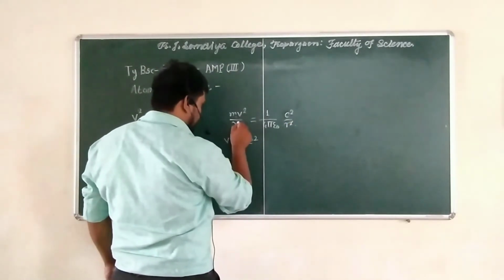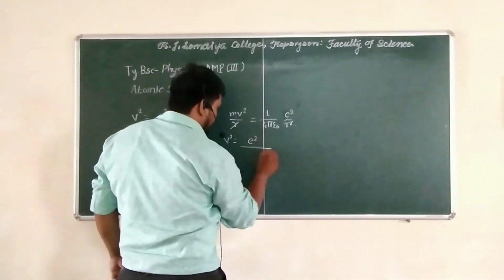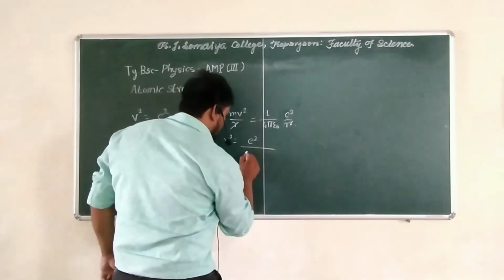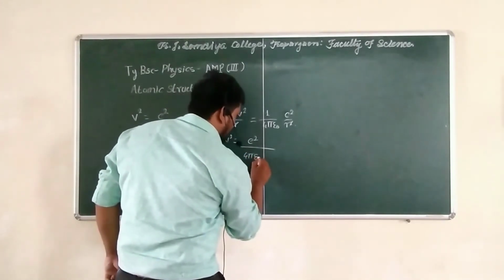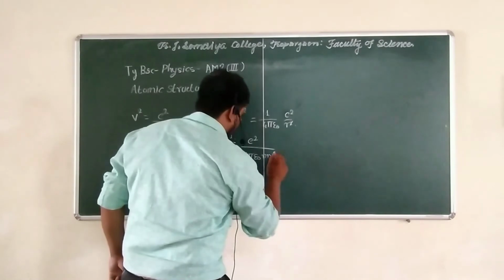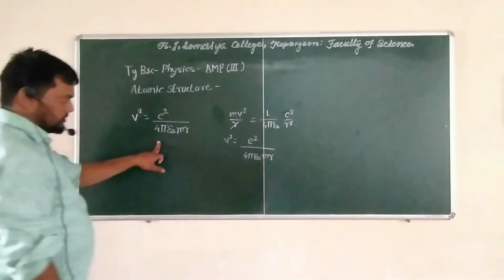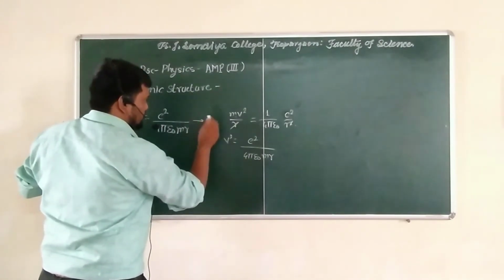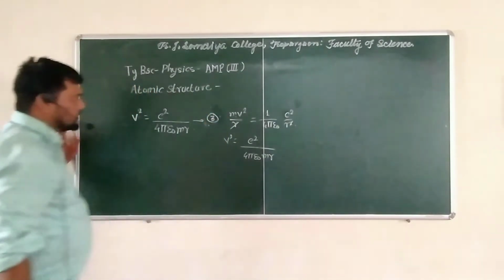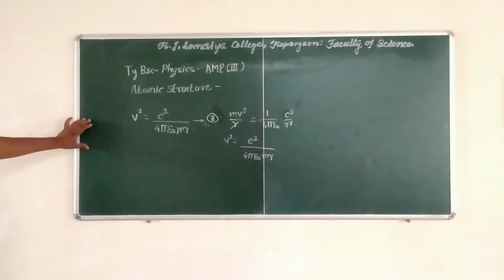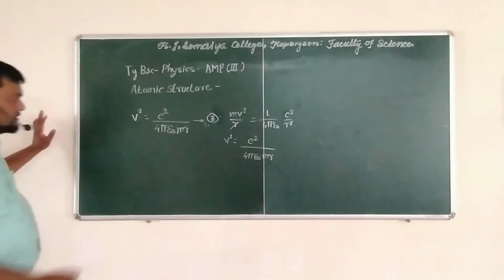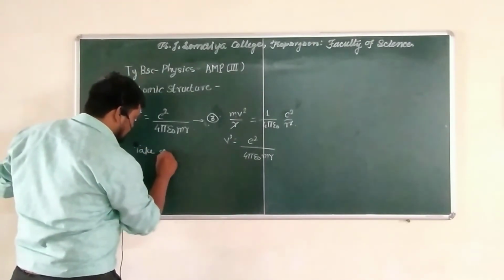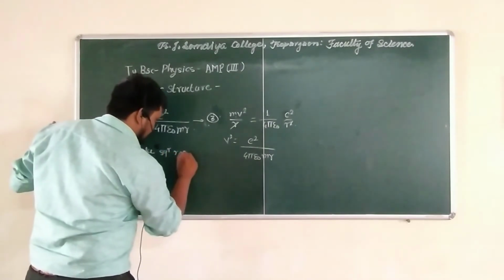One r cancels, so the remaining part is e square, with 1 upon 4 pi epsilon naught m into r. This is equation number 3. Now we want to calculate the velocity, so we take the square root of both sides.